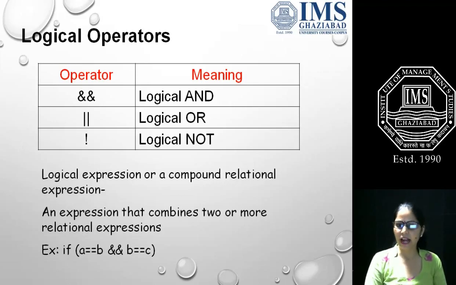Logical and gives a true result when both the expressions are true. That means if A is equal to B and B is equal to C, then only we will get the true result, otherwise we would get the false result.